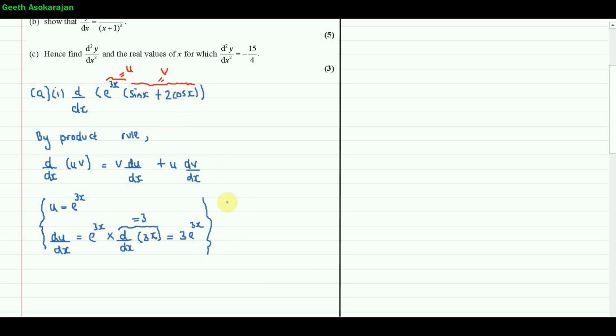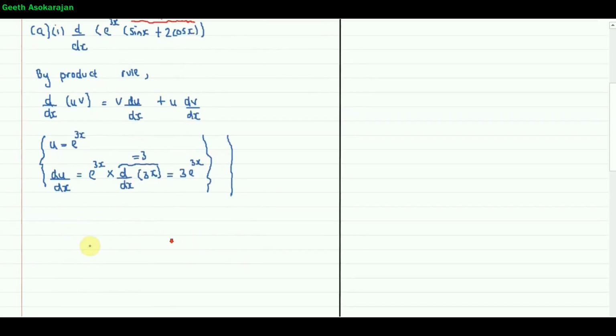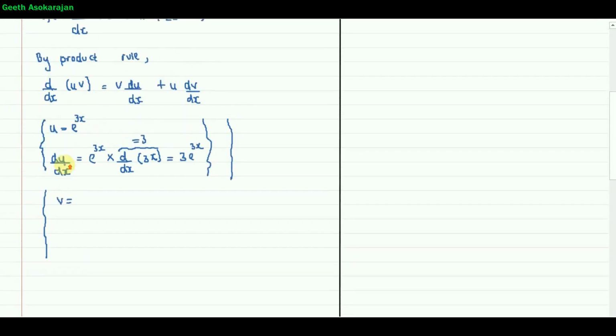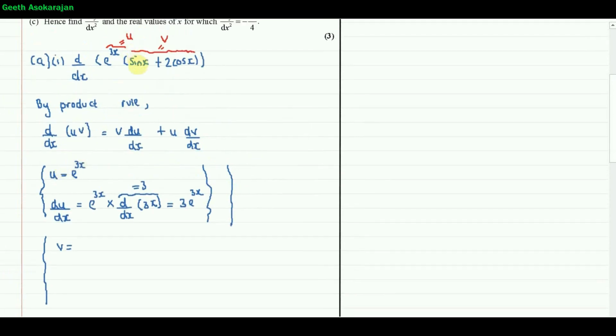However, we need to differentiate v. So let me do another side calculation. v in this case, let me remind myself, was sine x plus 2 cos x. Let's work out dv over dx.